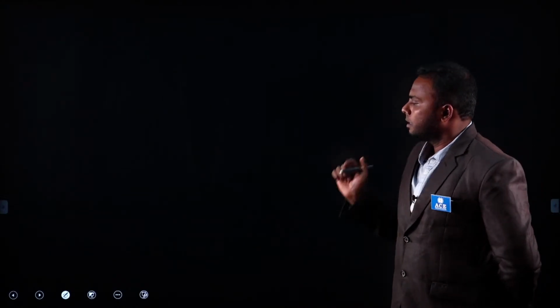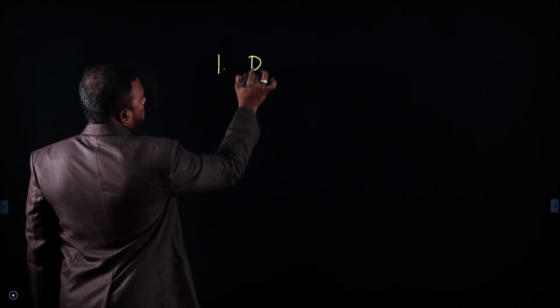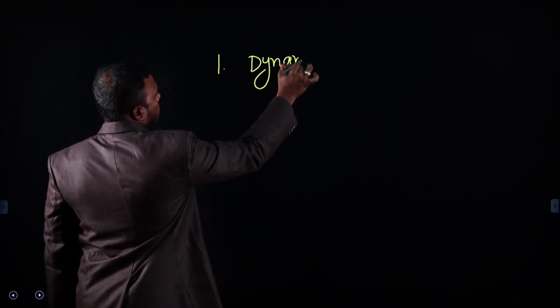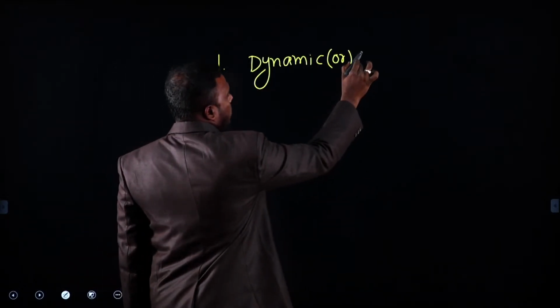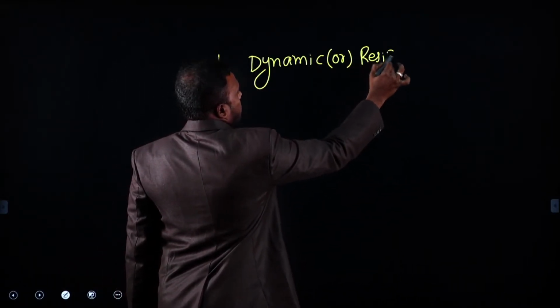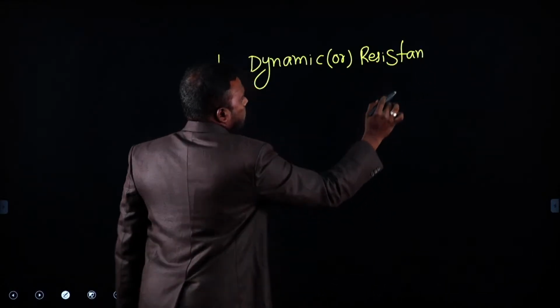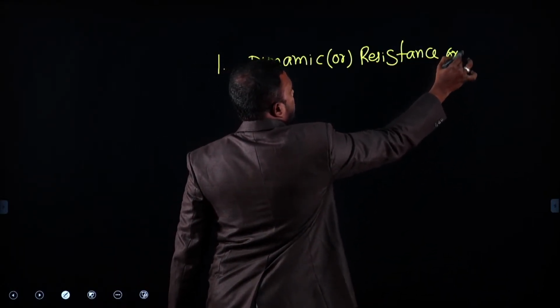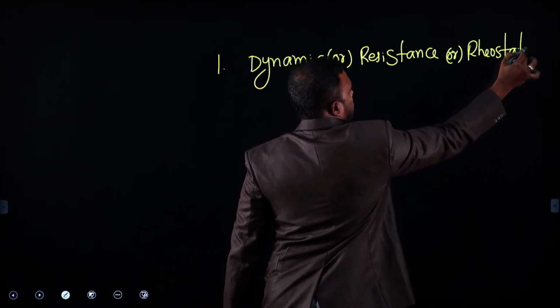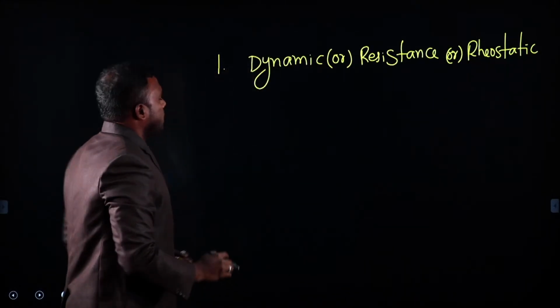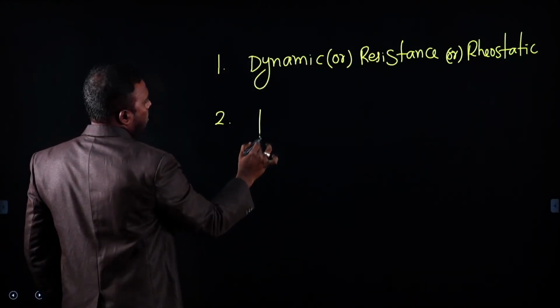Mainly in electrical braking we have three types. What are the three types? First one, dynamic braking, also called rheostatic braking or resistance braking. The second one, plugging or reverse current braking.